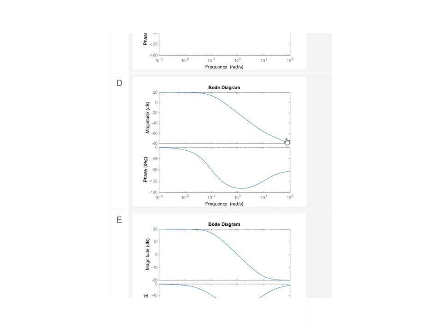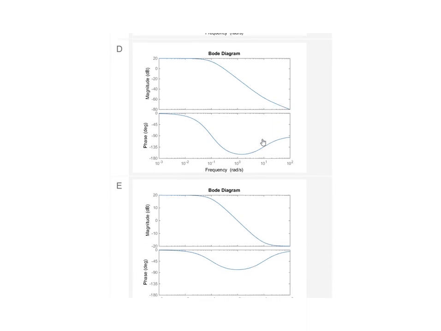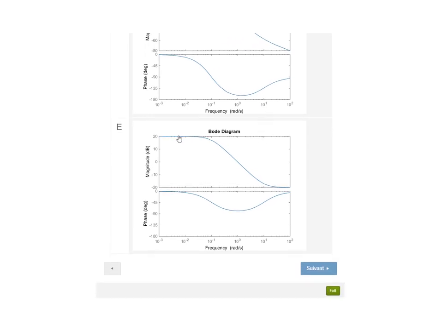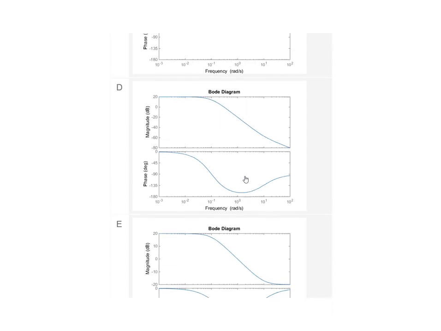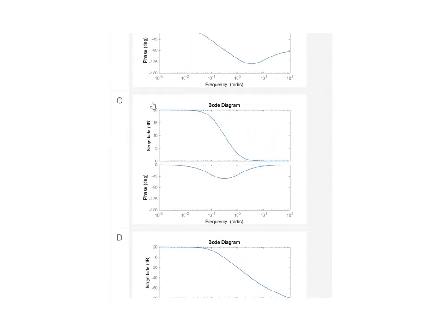At the high frequencies, the gain is tending to 0, and here again we have a problem, because at the high frequencies here we have a gain that is minus 20 dB, and we expect 0 dB. So we can see that the correct answer is C.